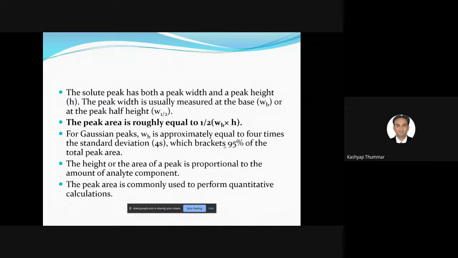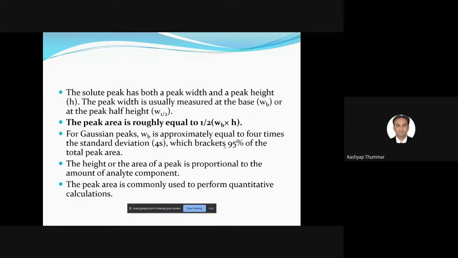You should learn about this concept, like Lambert-Beer's law. What Lambert-Beer's law says is that absorbance is directly proportional to the concentration. It means if you increase the concentration, then the absorbance increases, and a higher absorbance indicates a higher amount of concentration.